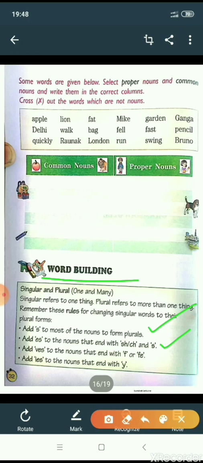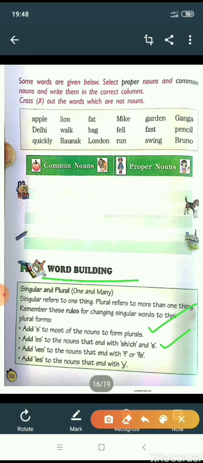Children, this sentence is not complete. Actually, we add es for the words ending with sh, ch, s, x, tch and o.